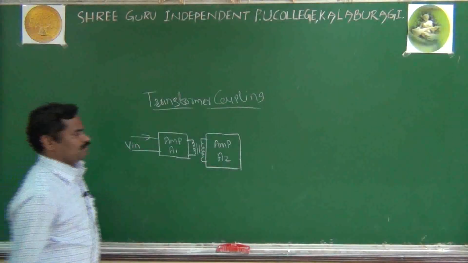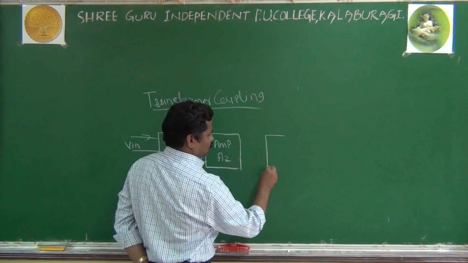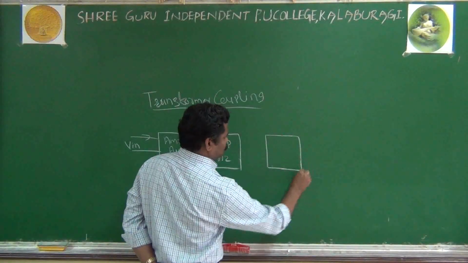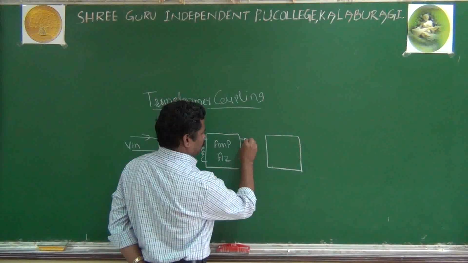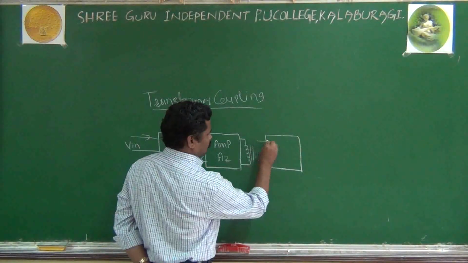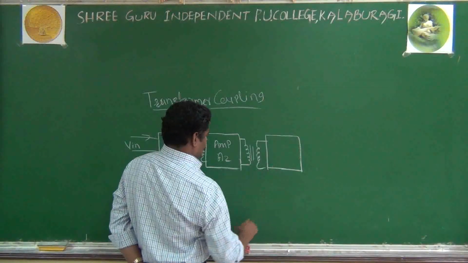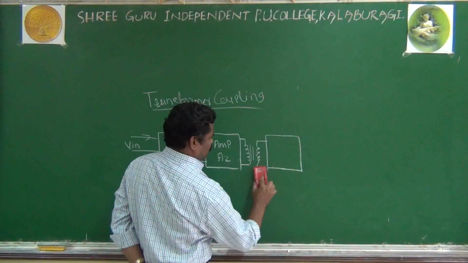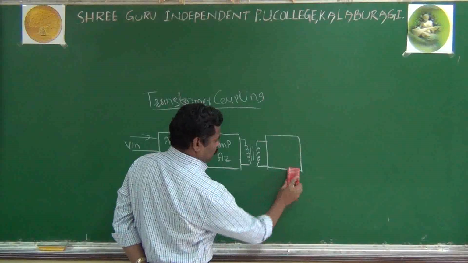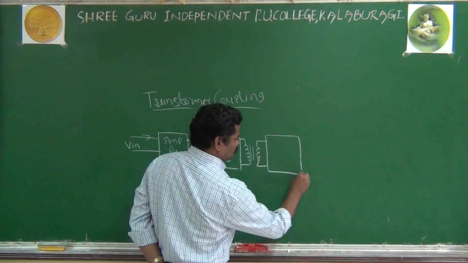In the same way here, this is your third stage of amplification. Here also you are using a transformer. This is your transformer coupled amplifier.